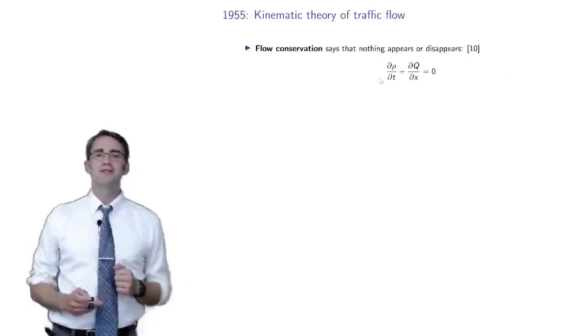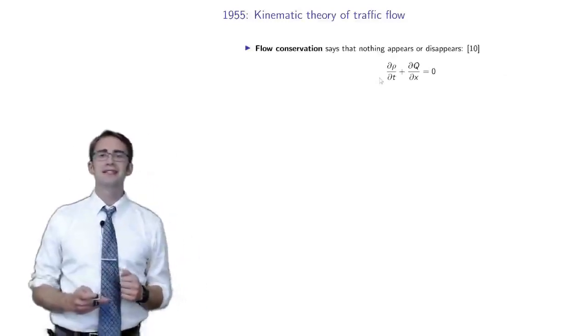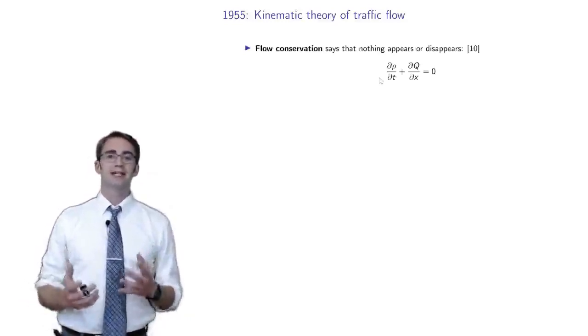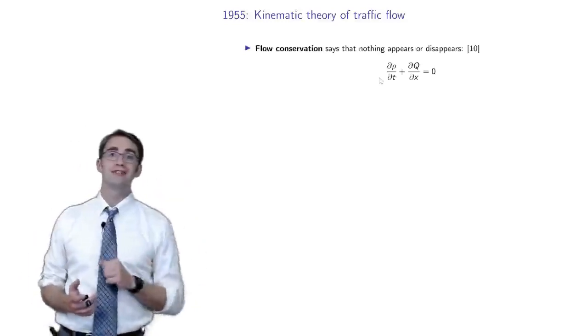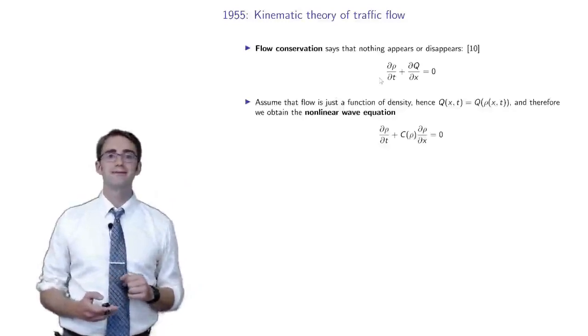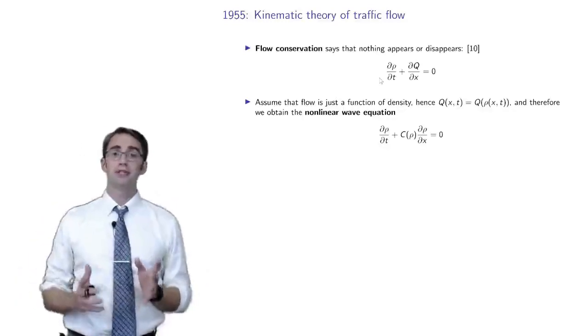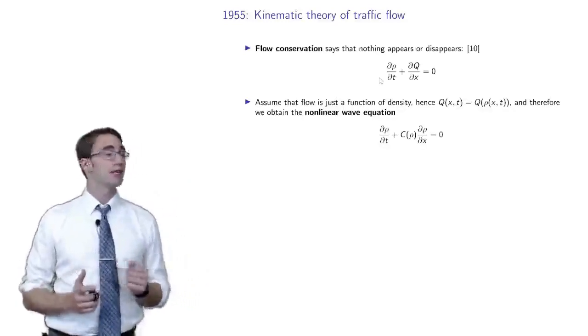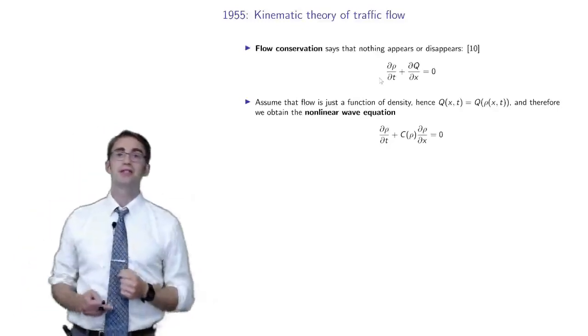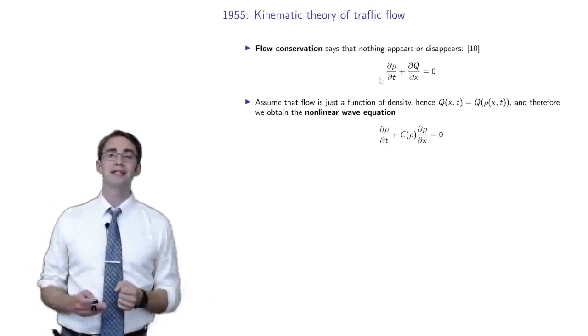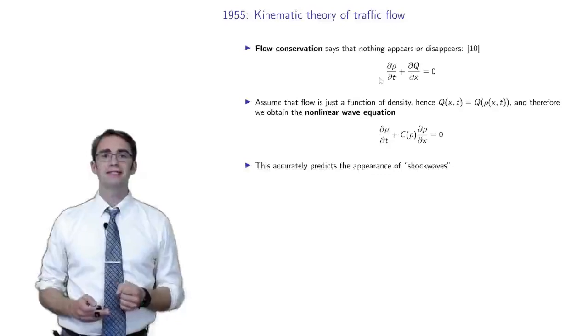They have the partial differential equation you see here that says that nothing appears or vanishes. This is called flow conservation if you've ever had a course on PDEs. If we assume that the flow is just a function of density, then we get the nonlinear wave equation, which you see here, which also appears in physical mechanics all over the place.